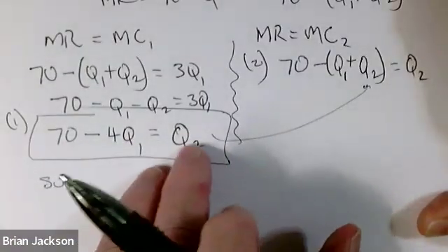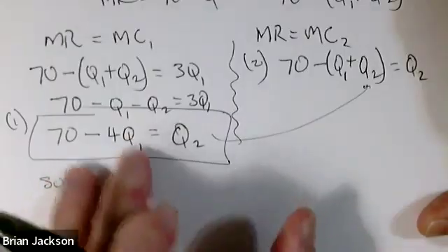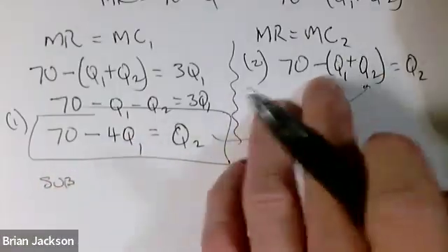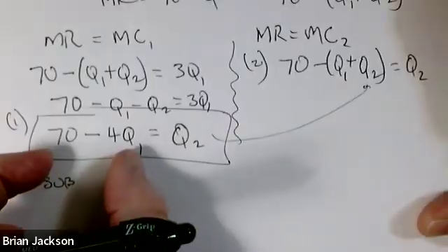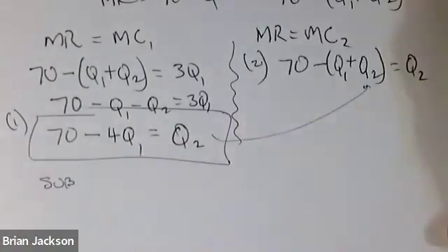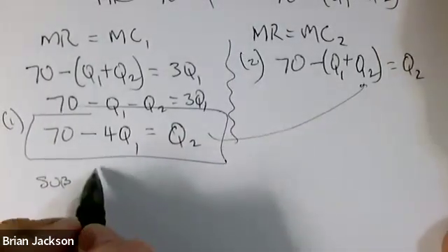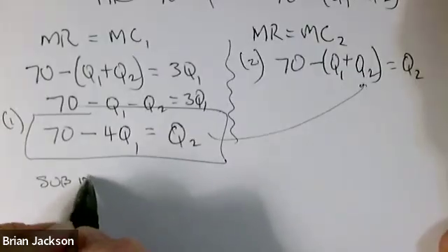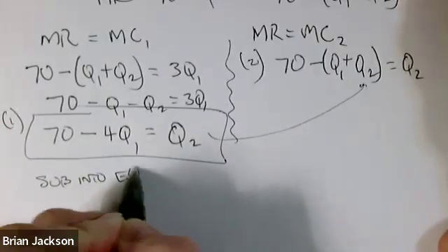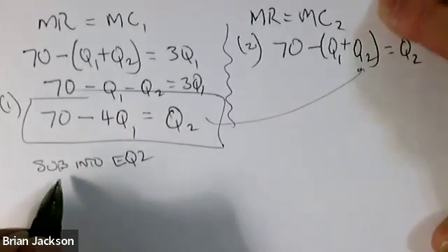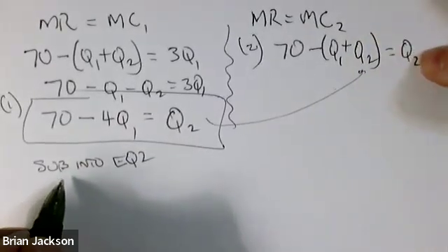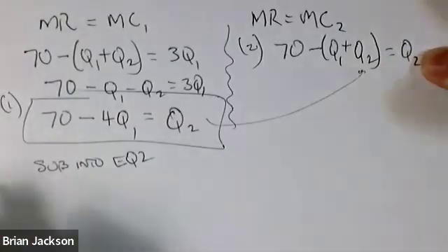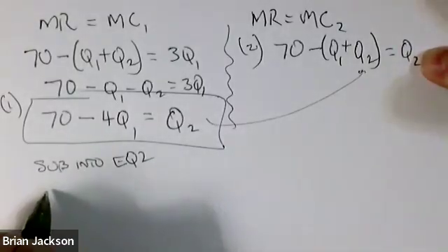So what I've done here is solve for Q2 in terms of Q1, and everywhere I have a Q2 over here in equation 2, if I put this expression in, then I have one equation and one unknown. So I'm going to substitute this into equation 2. Everywhere I have a Q2 in the second equation, I'm going to substitute the right-hand side of the first equation.